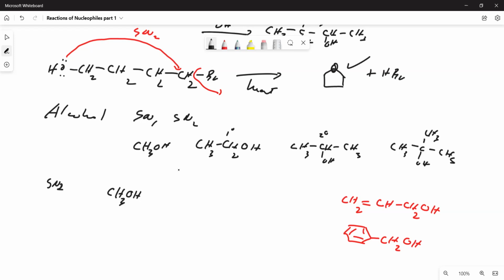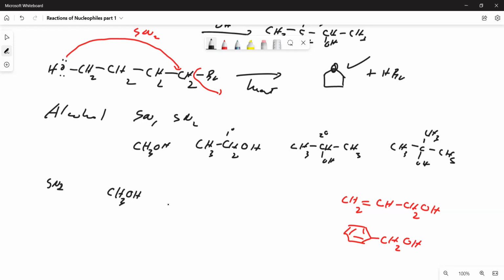There is no direct substitution because OH is not a good leaving group. It's hydroxide. It is strongly attached to the carbon. So in order for this one to be replaced, we have to protonate or acidify it.